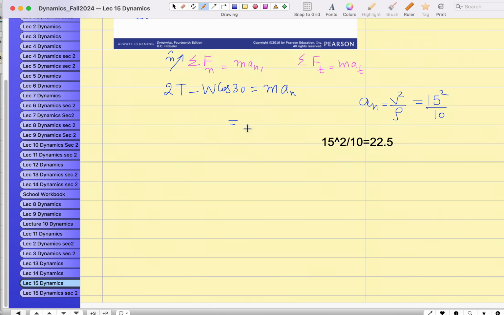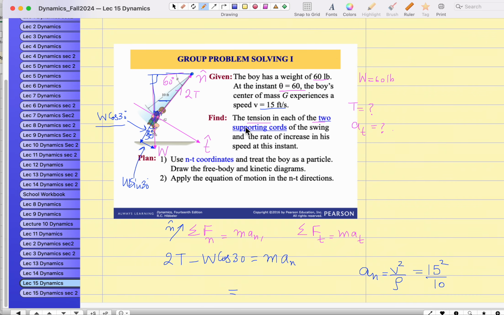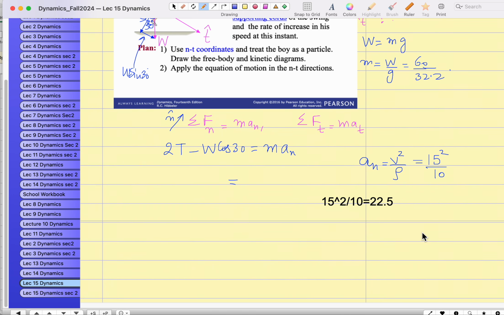The mass is actually, if you know the weight, how do you go from weight to the mass? Exactly. And gravity in the FPS system is, do you know? Good job. So it is 32.2 feet per second squared.